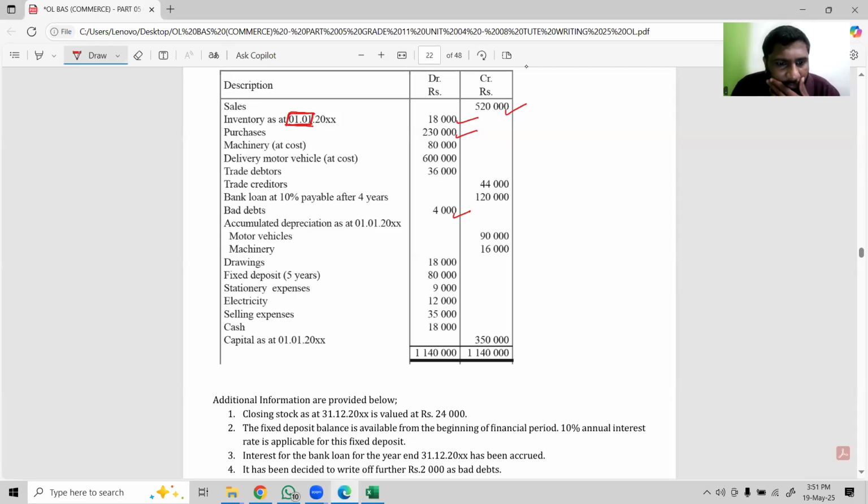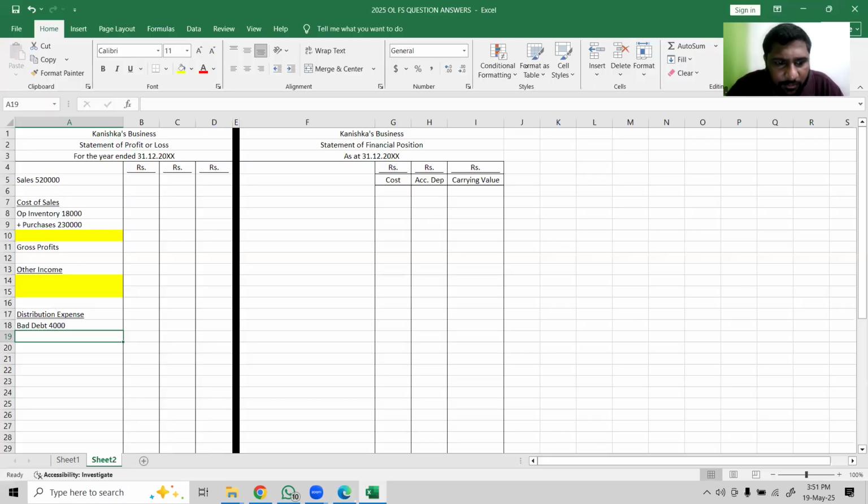So after that, we have selling expenses 35,000.